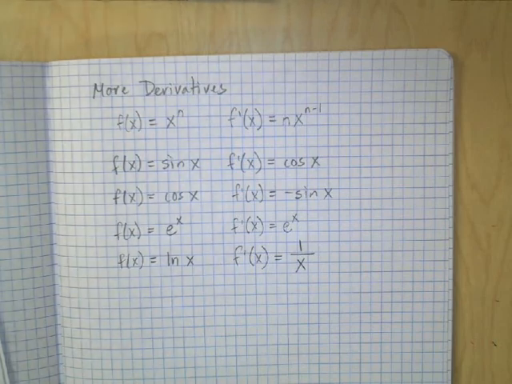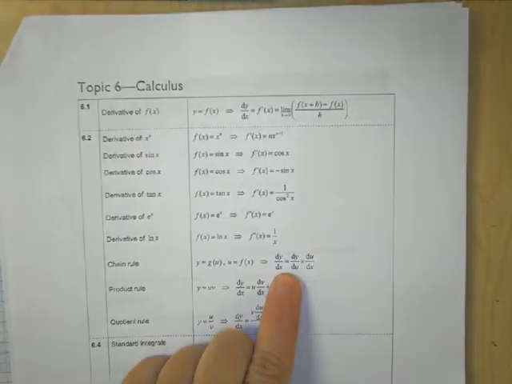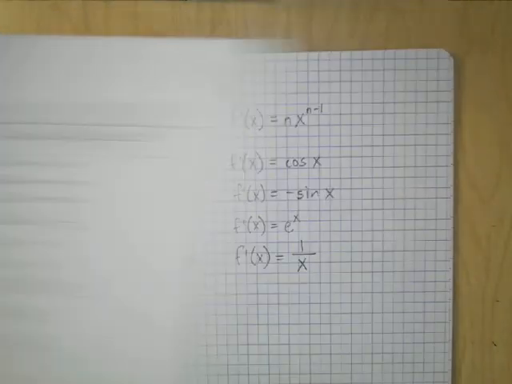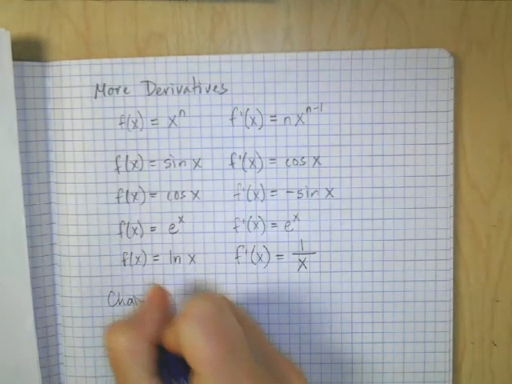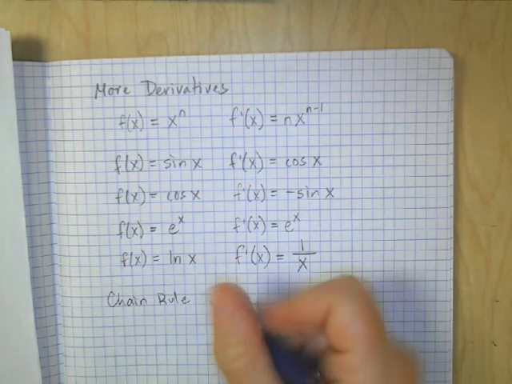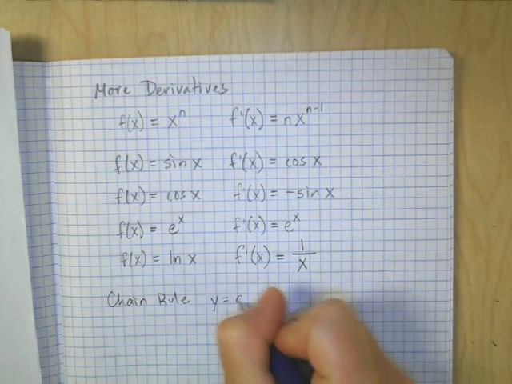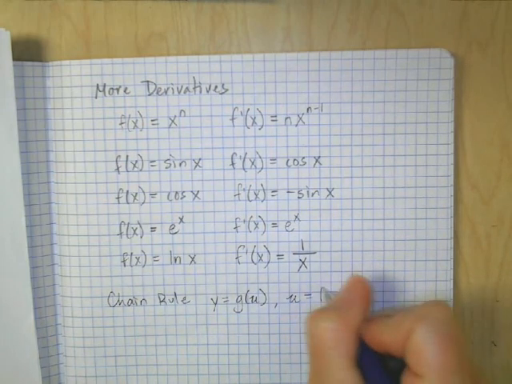All right, the other thing that we wrote down: we already took notes on the chain rule, but I want to point out what's going on here. So I'm going to write this again, and then I'm going to annotate it. The chain rule in the formula packet says y is equal to g of u, and u is equal to f of x.